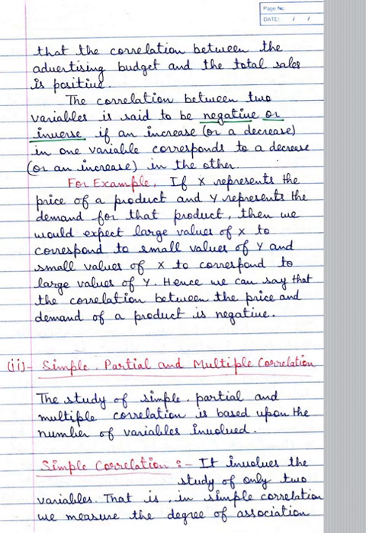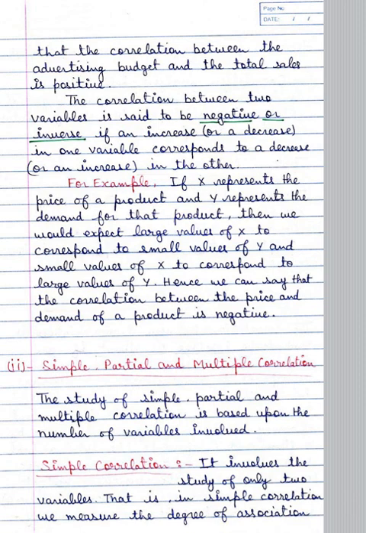Now come to negative correlation. The correlation between two variables is said to be negative or inverse if an increase or a decrease in one variable corresponds to a decrease or an increase in the other variable. Again, we can understand it by taking an example.